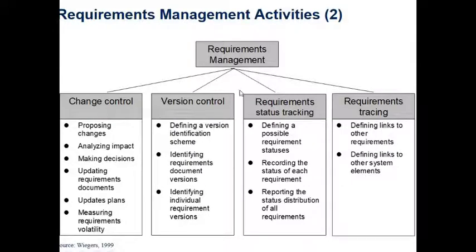So these are groups of activities that are part of the requirements management process. Activities that have to do with controlling change of a requirement are here. Activities that manage the versions are here, and then tracking the requirements and tracing requirements are over here.